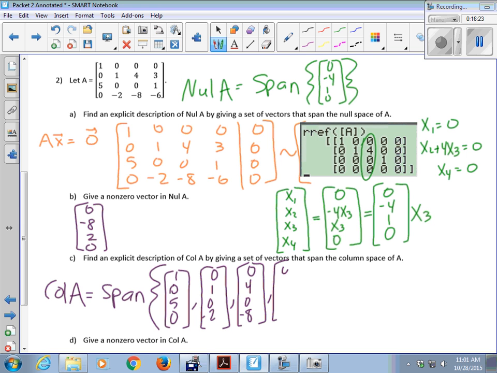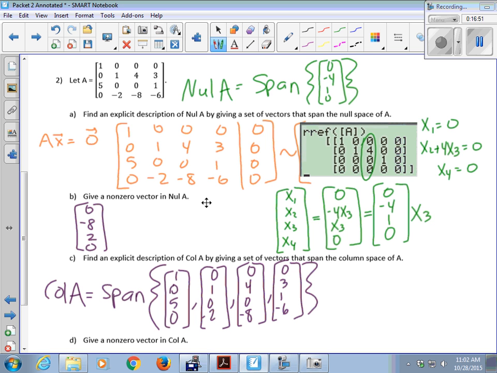And 0, 3, 1, -6. The span of those vectors just means the linear combinations of all those vectors, which is the column space of A, right? That's the definition of the column space of A. So that one's super easy. You don't have to do anything at all, right? When I ask you for a spanning set for col A, you just list the columns of A.